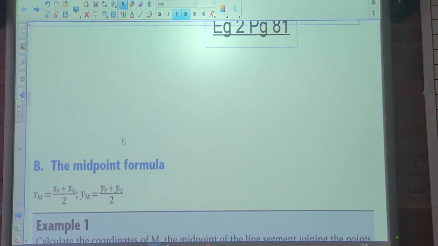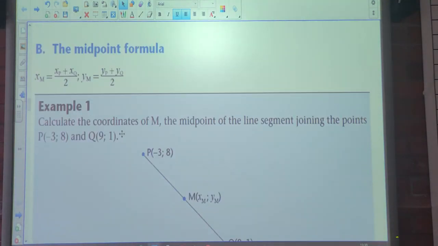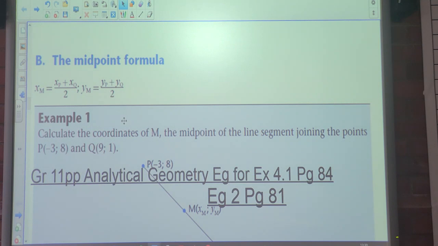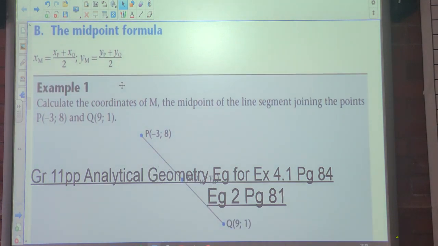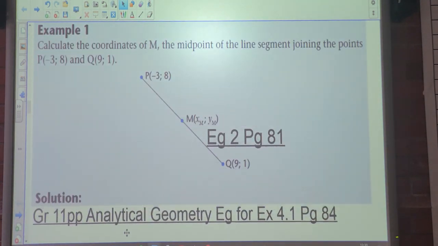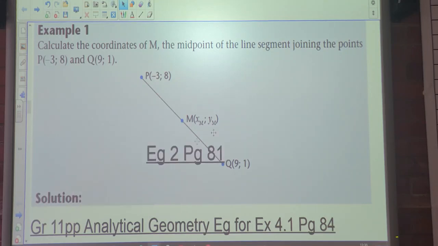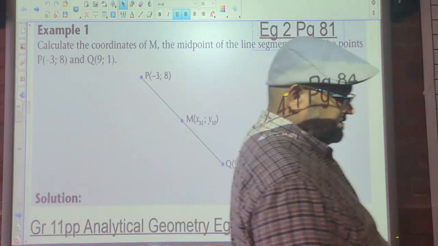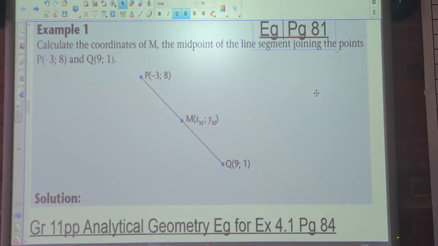Are there still examples for exercise 4.1? Yes. Right, so the second part is that we're going to work out how to calculate the midpoint. The question says, let's call this, for our purposes, example 3 on page 82.